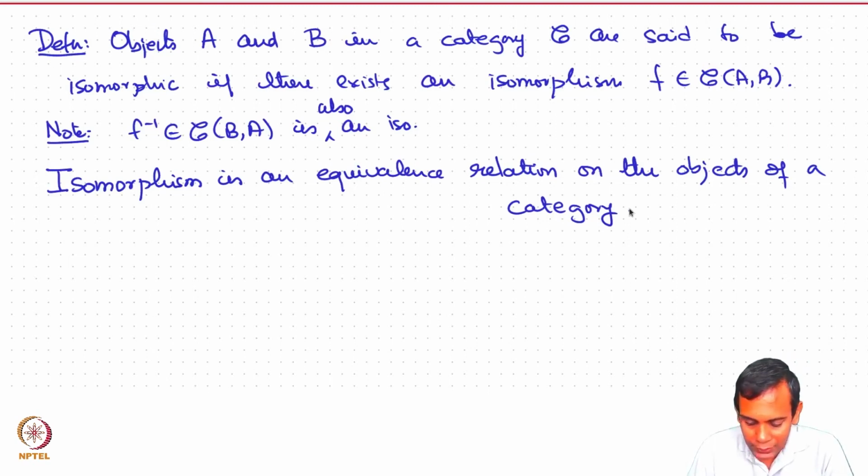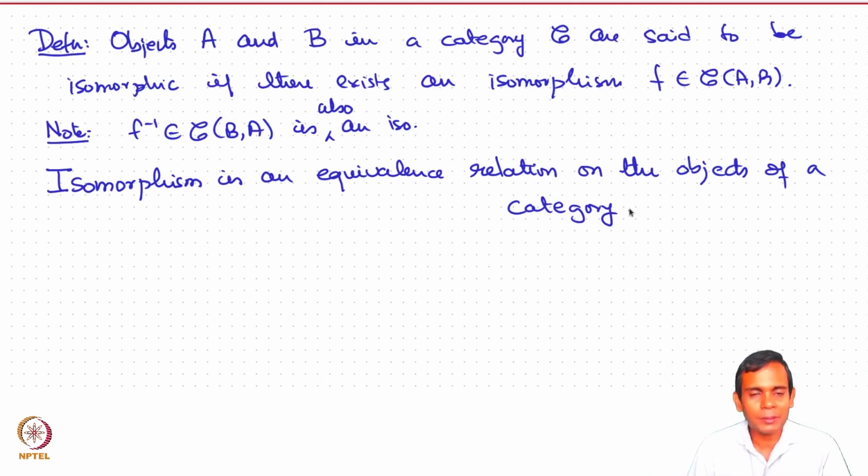But this is a more abstract notion of isomorphism, because the objects A and B need not even be sets. They could just be objects in some weird category. Still, intuitively, isomorphic objects in a category would have the same properties and can be regarded as the same.